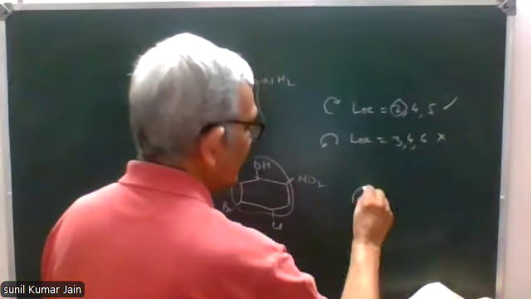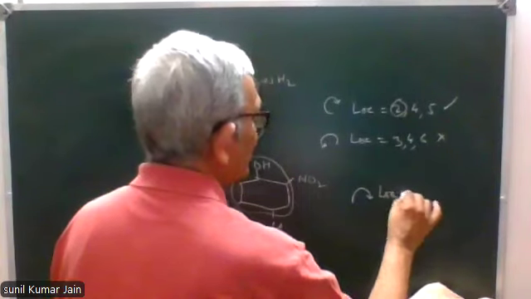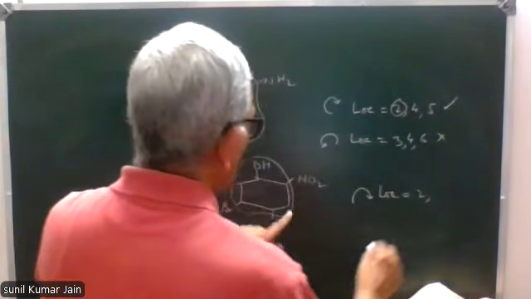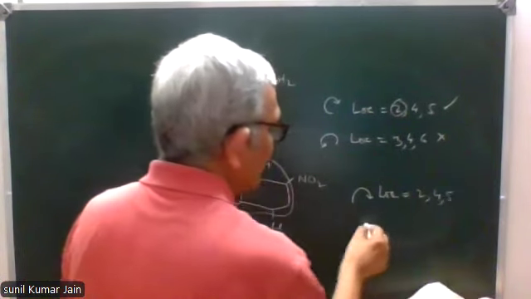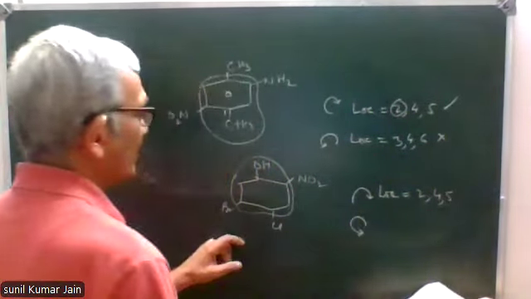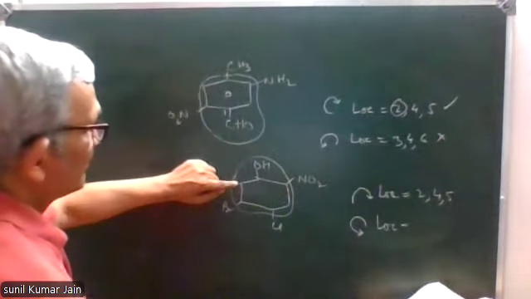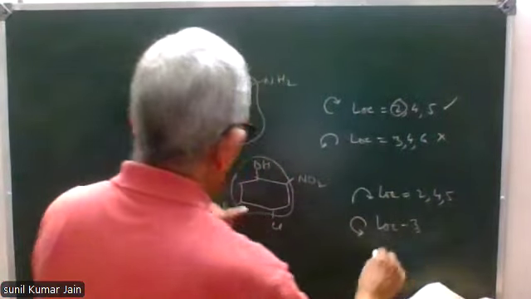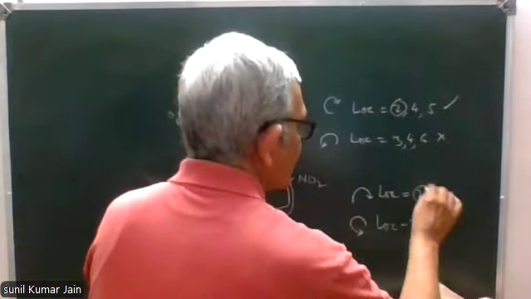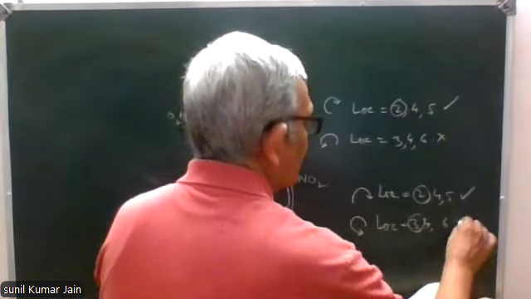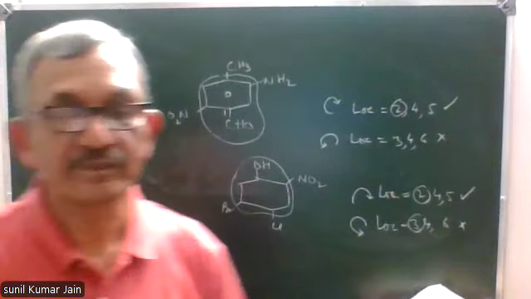Now, if I count in clockwise direction, locants will be at 2, 4, and 5. If I count in anti-clockwise direction, locants are at carbon number 3, 4, and 6. This is the lower number, so I'll count in clockwise direction.